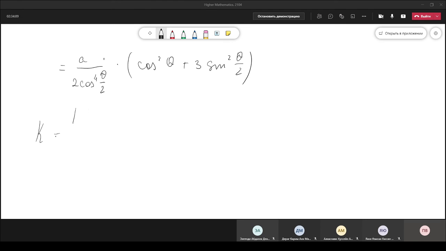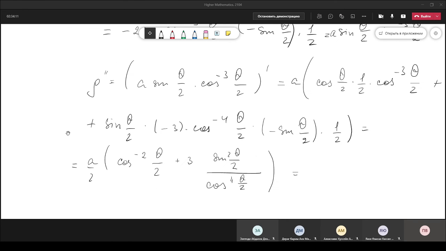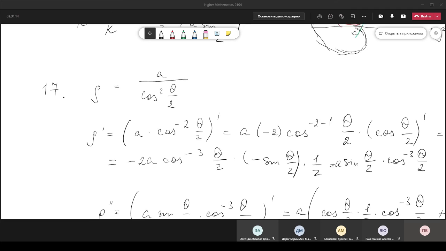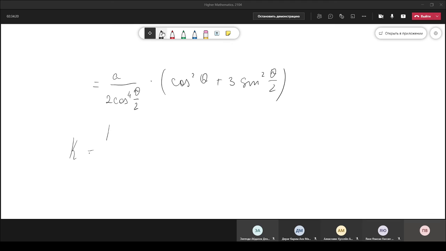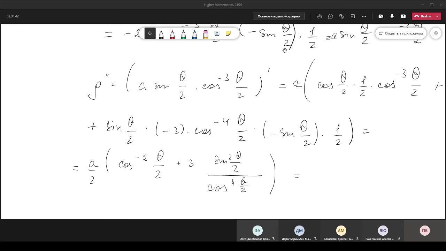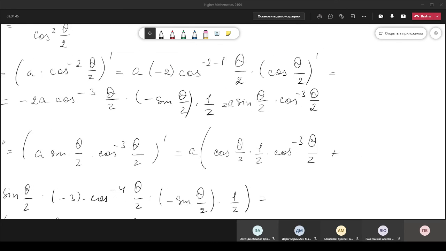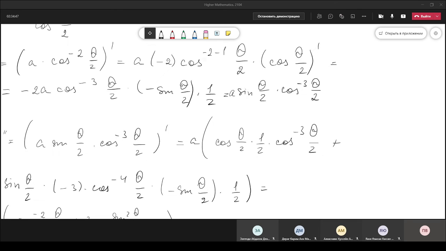Modulus of rho squared. Rho is a over cosine squared of theta over 2, all of this squared, plus 2 rho prime squared. Rho prime, find rho prime: a times sine over cosine cubed.